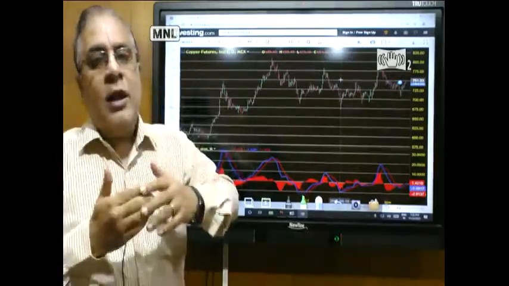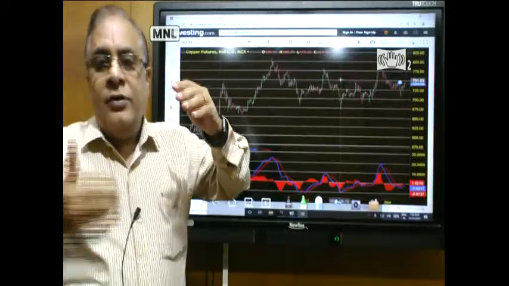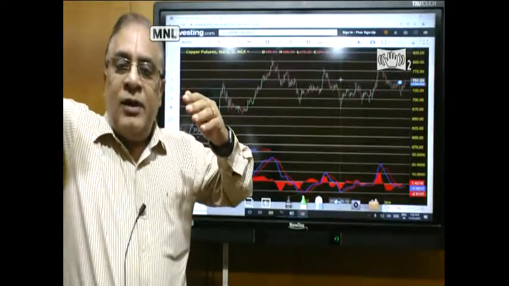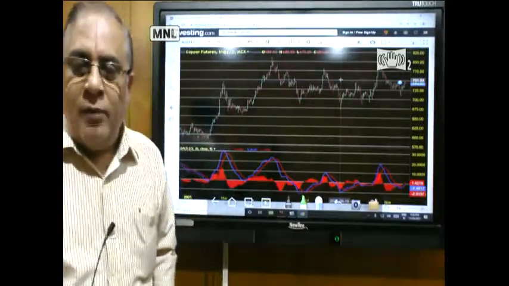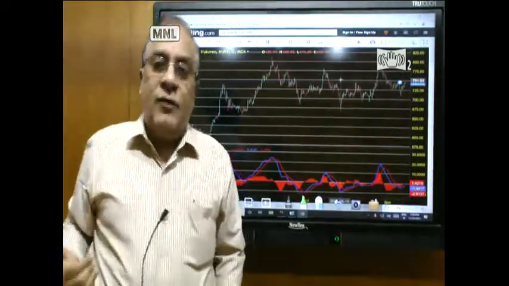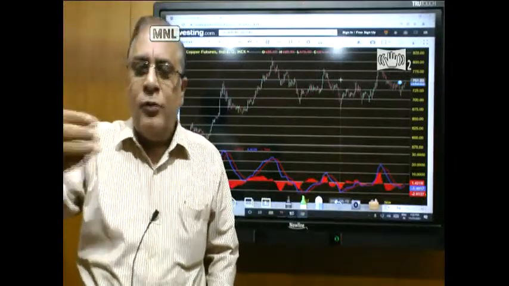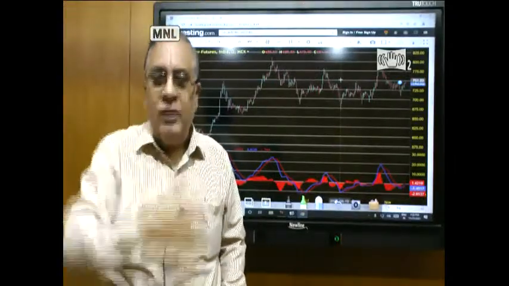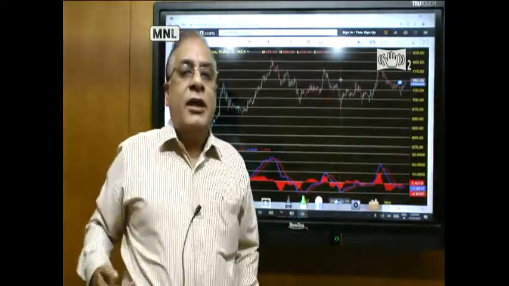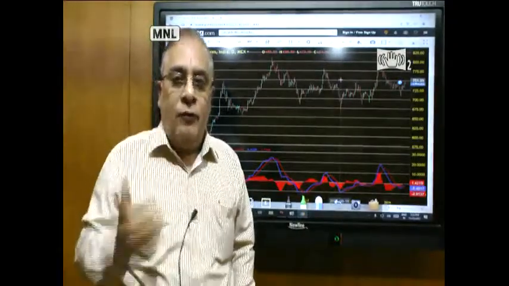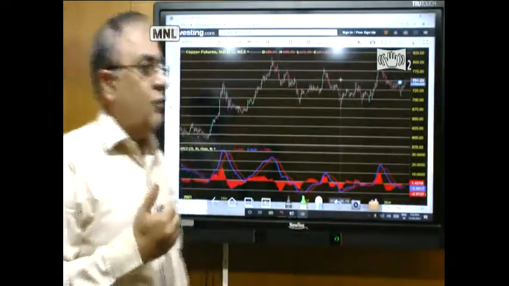Similarly, from any particular higher level, since the top to bottom correction has been 400 points, if a rally takes place and draws down by 88 to 90 points from the top, then it will again start falling down. That's what we showed. 1880 minus 90 becomes approximately 1790 or 1780 levels. That is where it is trading. If it starts cutting below that, then probably we will have a much greater fall. So this is how you normally use all these things for trading.